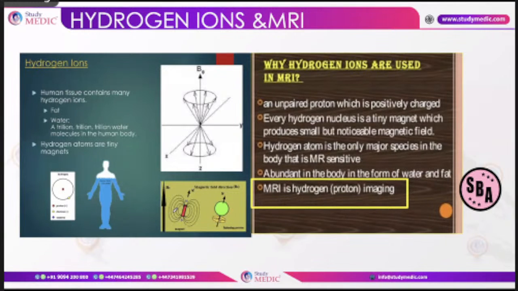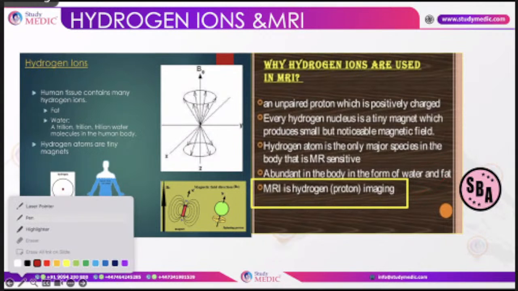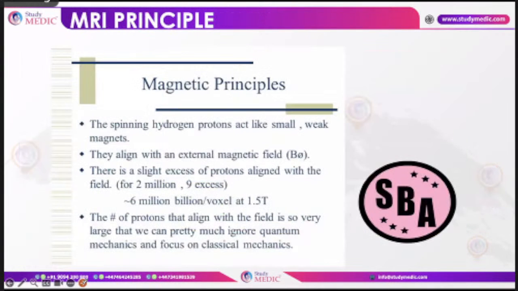These hydrogen ions, H plus, act like magnets, so that is the main one which is sensitive for the MRI. That is the reason you will be using hydrogen ions. Again, guys, this is a very important single best answer. You get around 4 to 5 questions or less than that, which I'm going to cover in this.